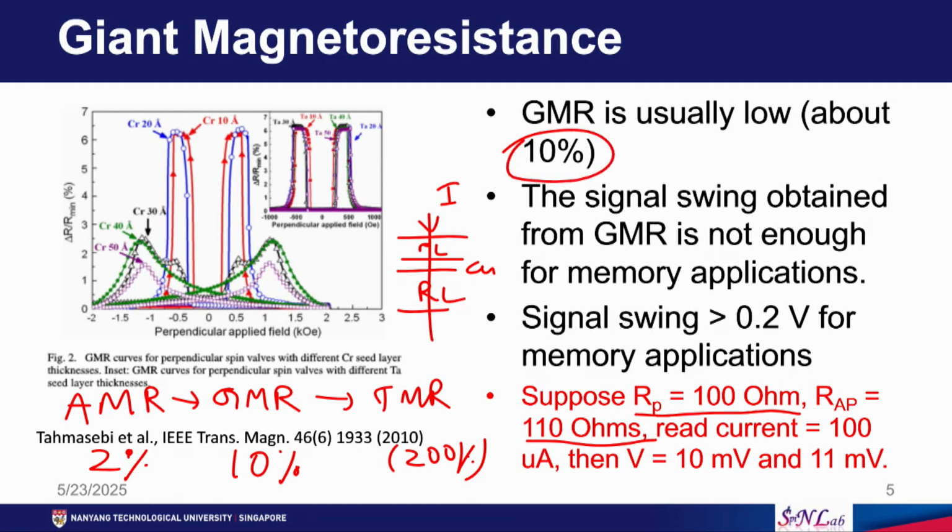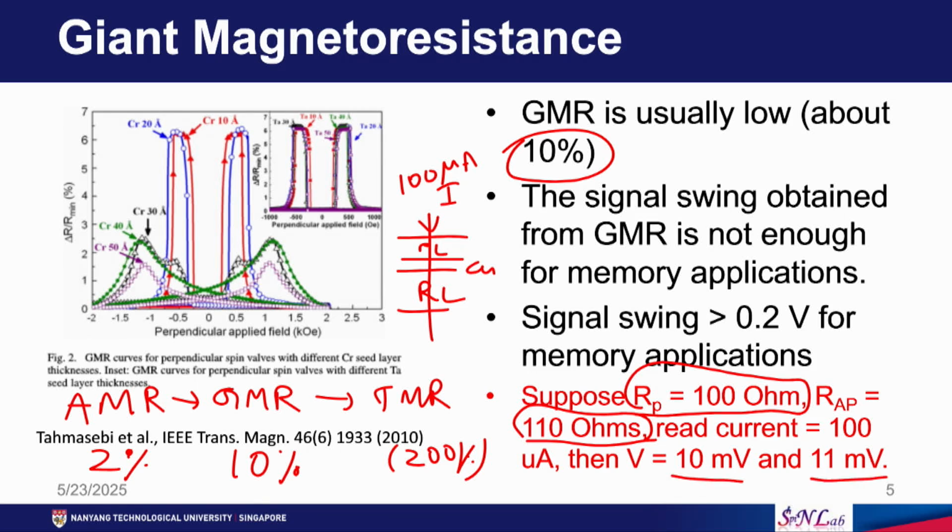10% GMR means the 2 resistances will differ by about 10%. Anti-parallel, let us say, gives 110 ohms, parallel gives 100 ohms, and you send a current of 100 microampere to convert this current into voltage. Then you will get 10 millivolt and 11 millivolt.